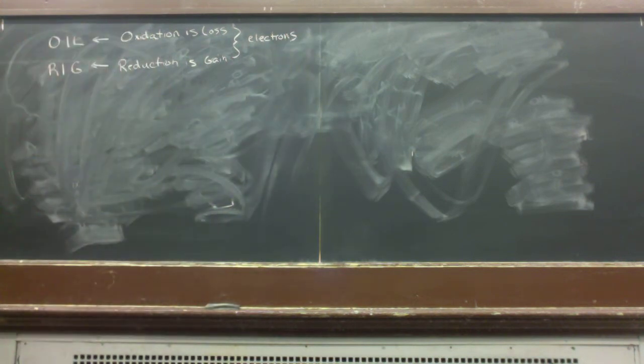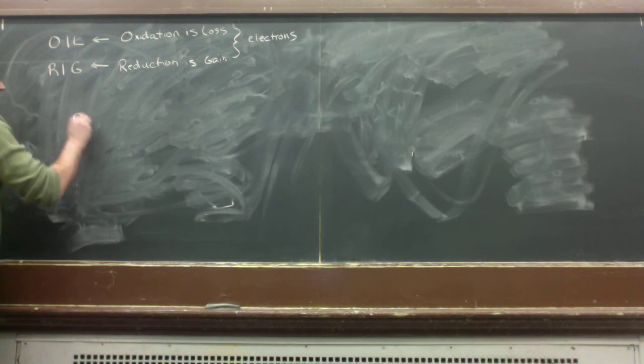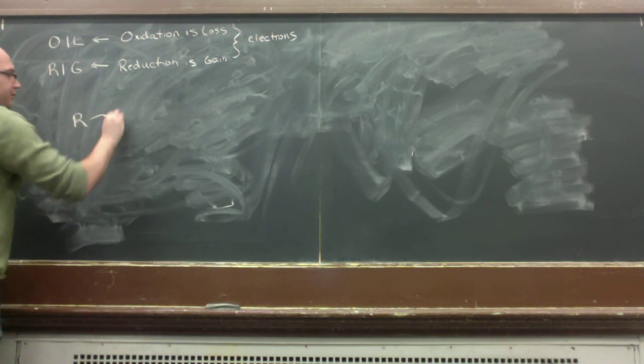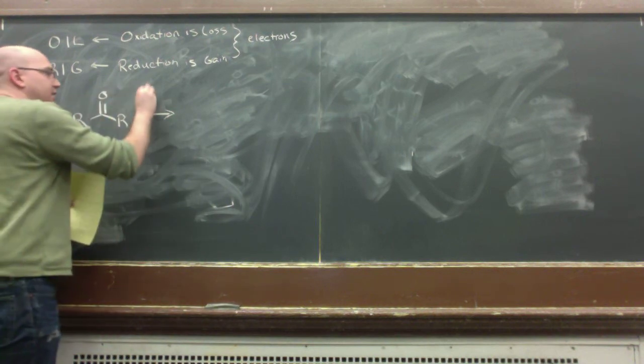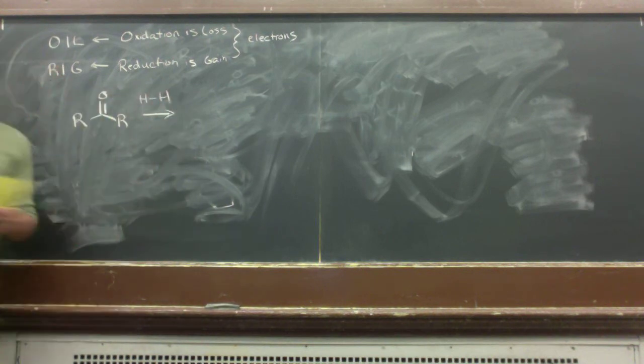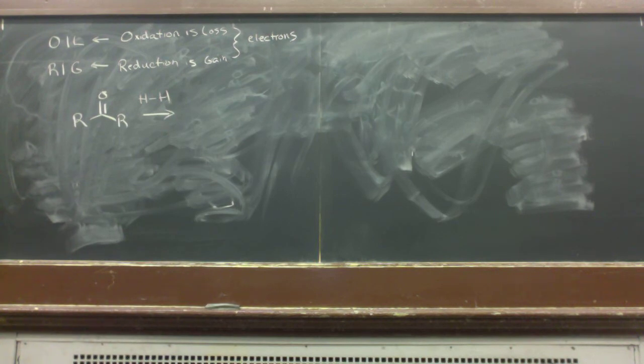Okay, so if we're doing a reduction, like what we just saw, right, what we're doing is we're adding electrons to this system, right? So if we're adding, for example, hydrogen across these bonds, we're not only adding 2 atoms of hydrogen, but we're not only adding the 2 protons, but we're adding the 2 electrons that come with it.